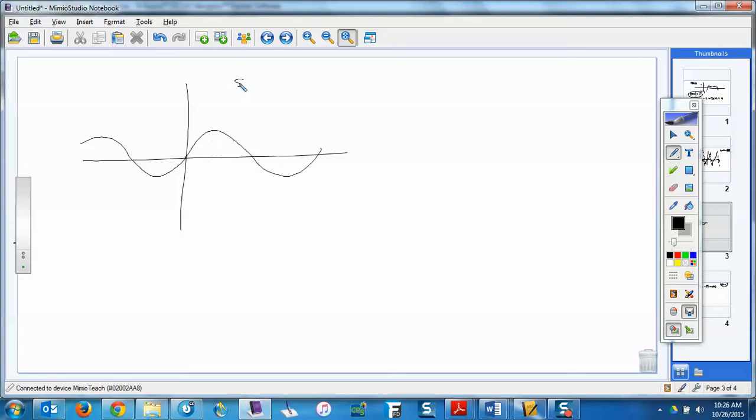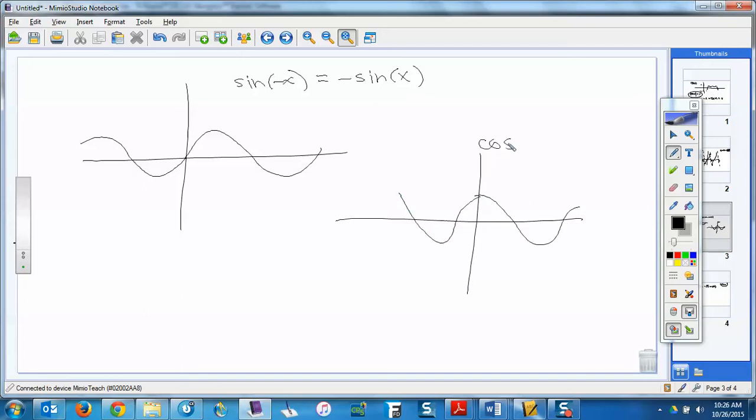Remember what origin symmetry means: if you put in opposites, you get out opposites. That's what an odd function looks like. Cosine is even, which means if you put opposites in, you get the same thing out. This is what we would want to use to show this.